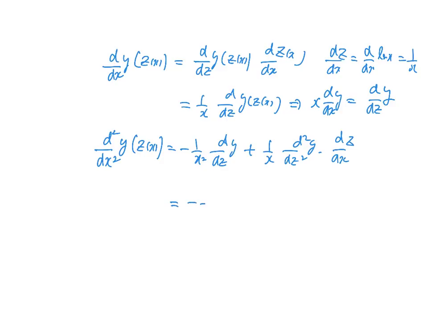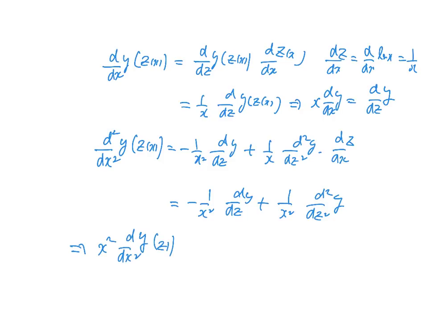So that is minus dy/dz over x squared plus d squared y/dz squared over x squared. So we can set x squared d squared y/dx squared is the same as d squared y/dz squared minus dy/dz. So actually you can put it this way: d/dz (d/dz minus 1) y.